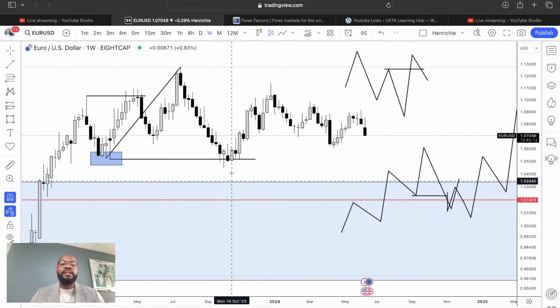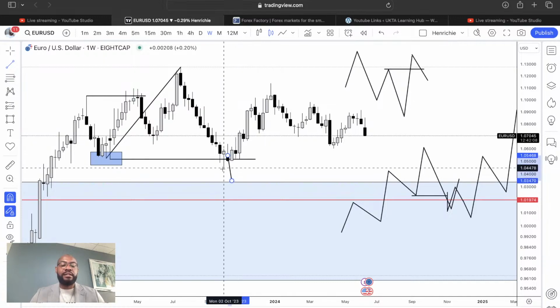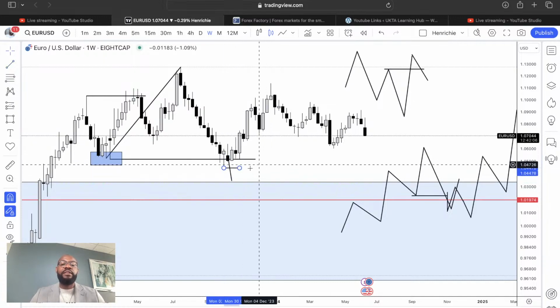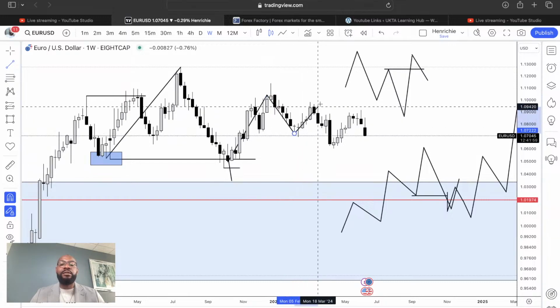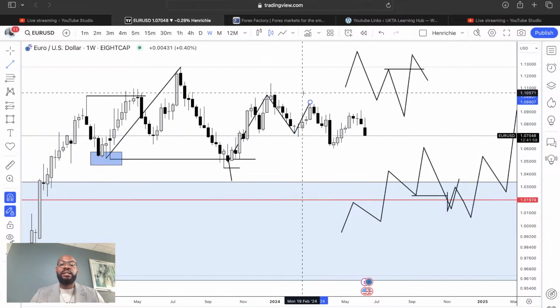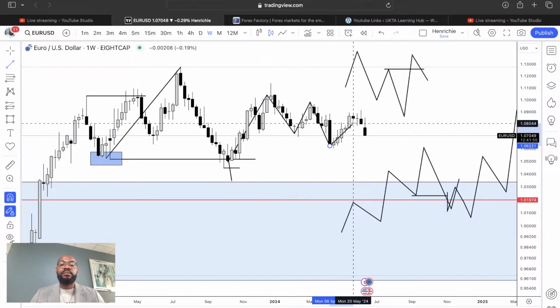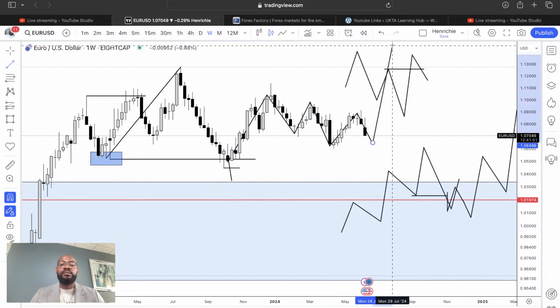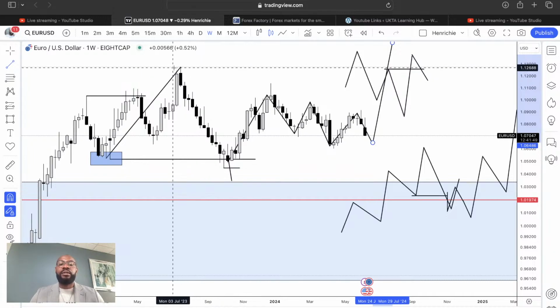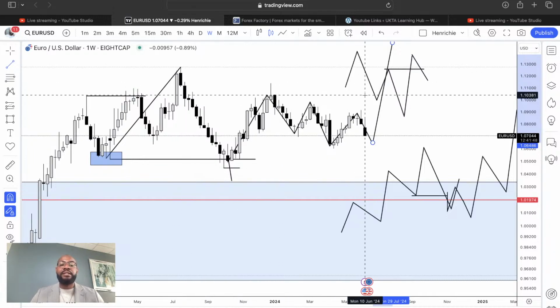We need to see this close below this. If it doesn't, anything can actually take price to the upside, and then we could see something like this, and run the buy side. Does that make sense?